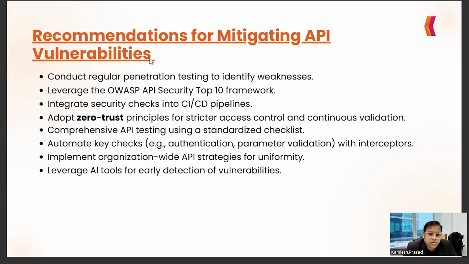Integrate your security checks using CI/CD pipelines to have a proper framework of your data flow, which helps you know at every interval that your security checks have been done. Adopting zero trust is a real value add in this modern world. Zero trust, trust no one and then give access, is a model which everyone should follow.